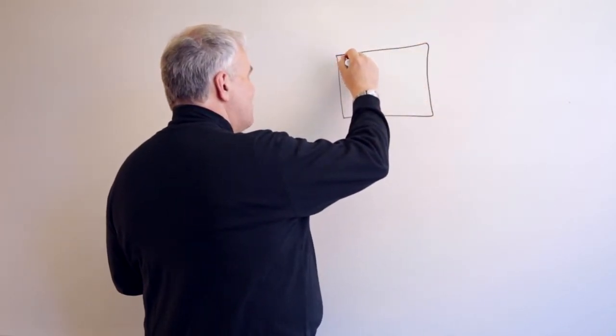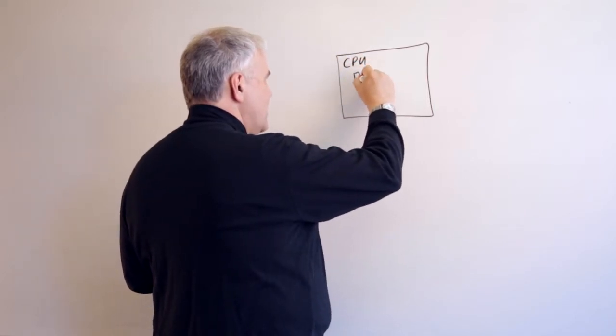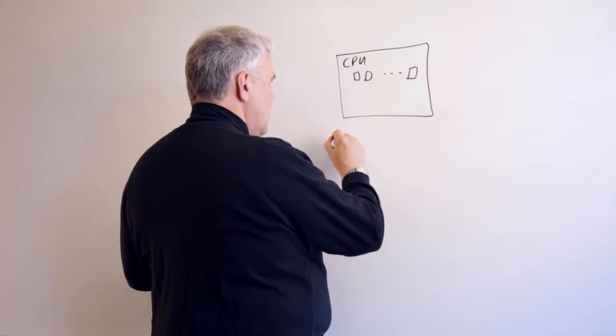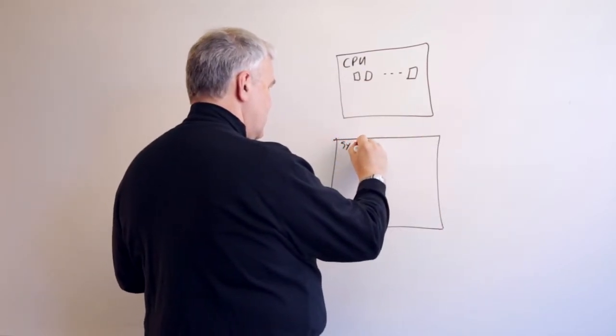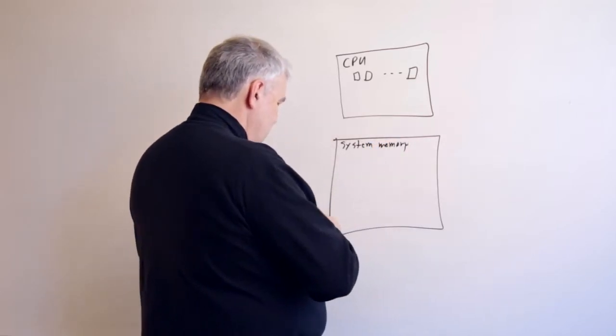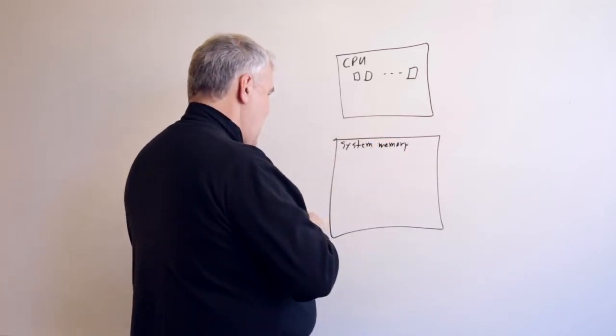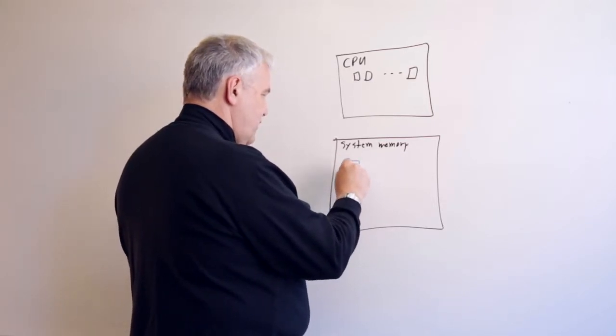when you have an application that's going to look like the following. So here I've got my multi-core CPU with my system memory. And I'm allocating an array of structs.